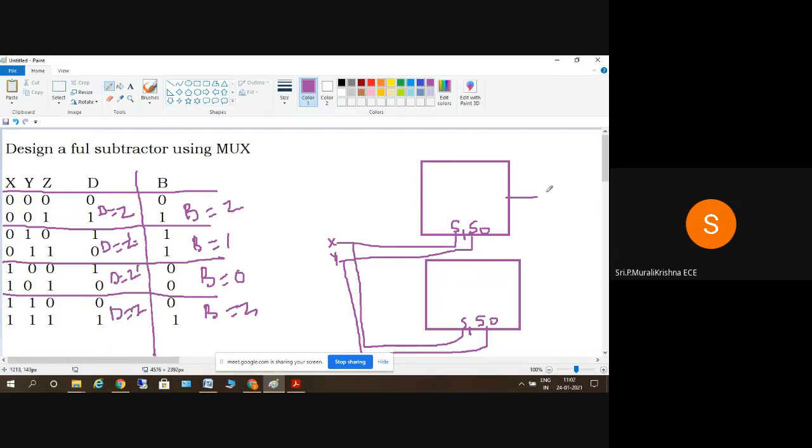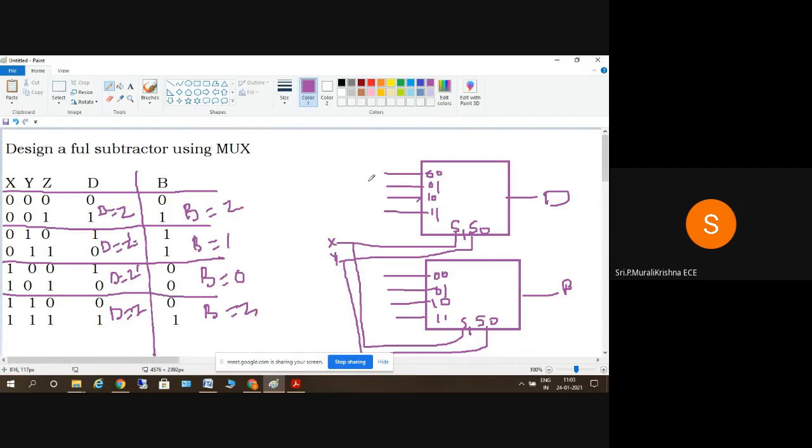So one is the D output, the other one is the borrow output. Okay, so the four inputs for difference and borrow here. So it is 0 0, 0 1, 1 0, 1 1 selection lines. In a similar way, here also we have selection lines 0 0, 0 1, 1 0, 1 1.